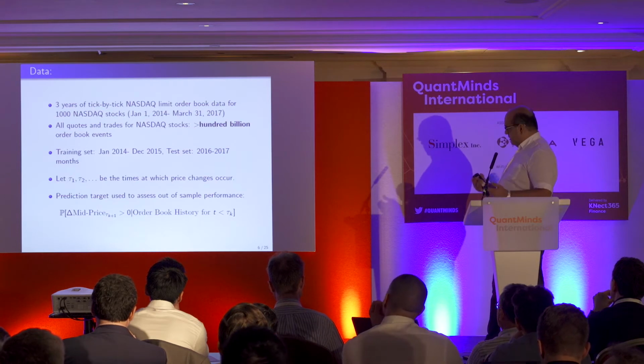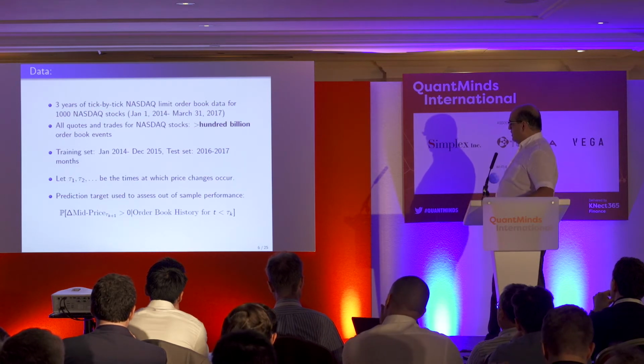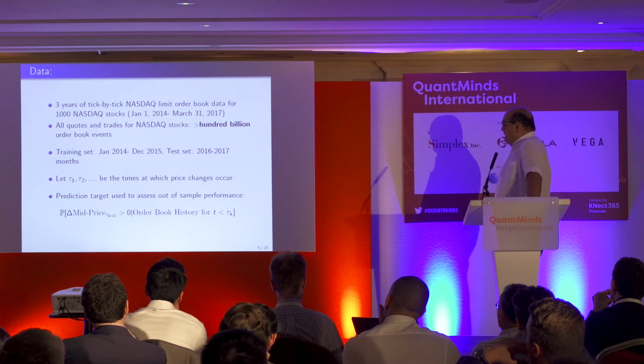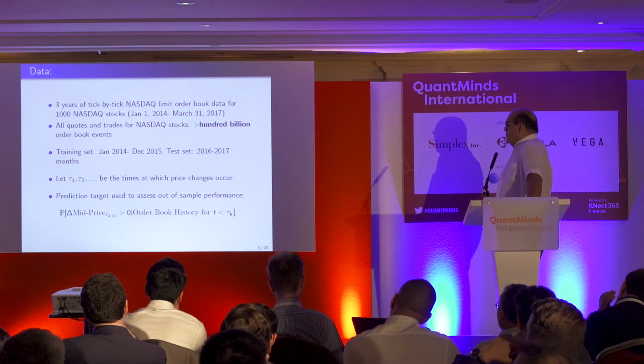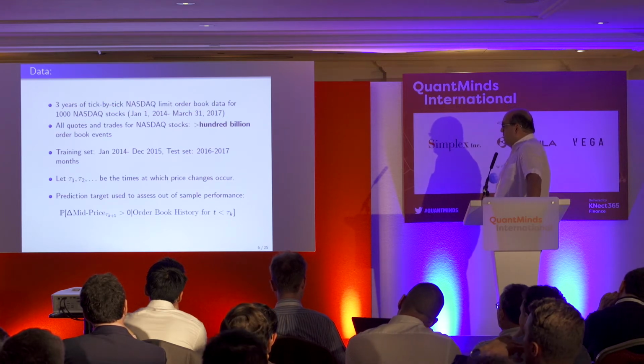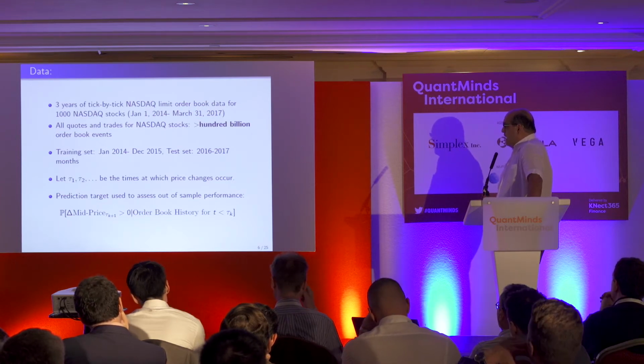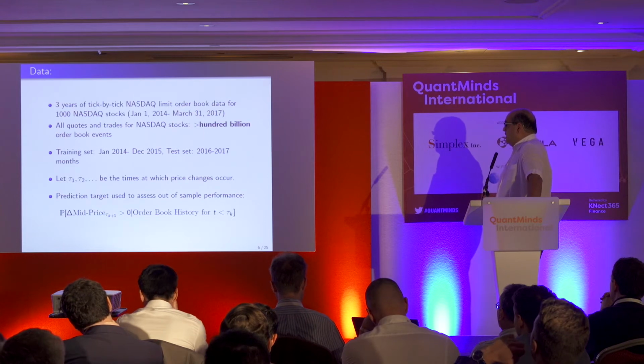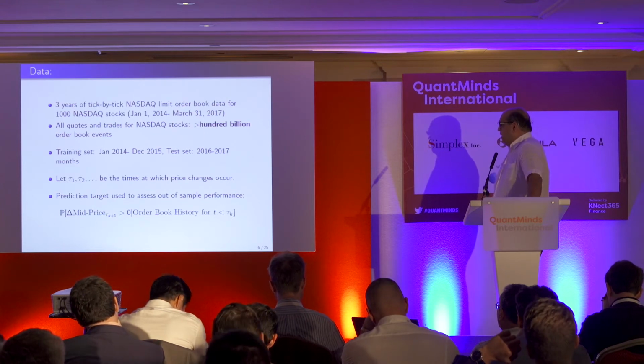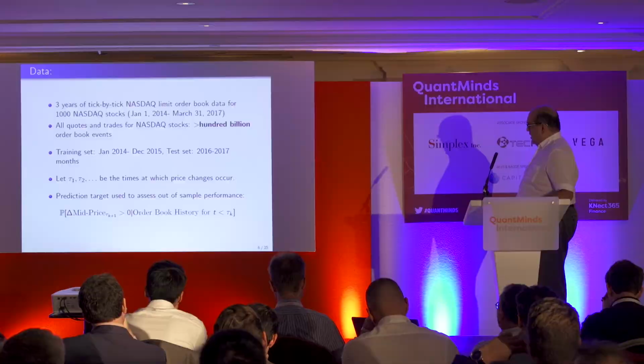You have lots of data. Otherwise, you can't really do these things. So we split this data set into two parts. We use the first 2 years for training, and then we use the last year and a half for testing.